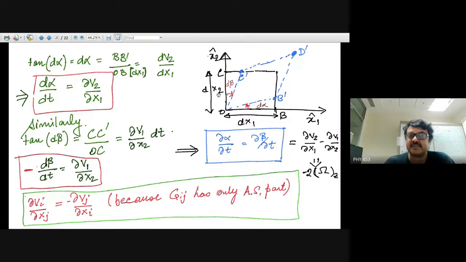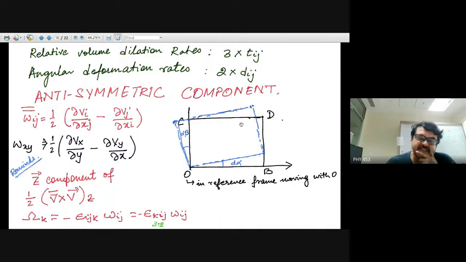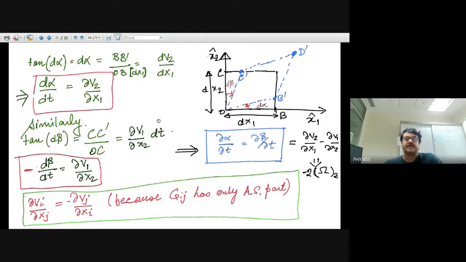As a consequence we can infer that this part of the Gij tensor acting on the fluid element will just rotate the fluid element, right?